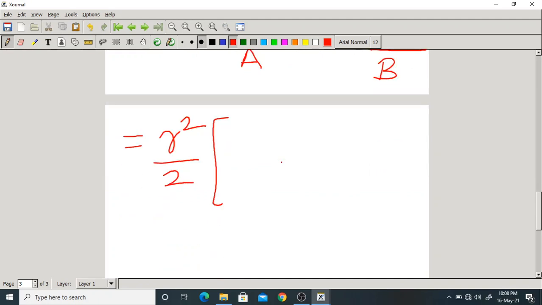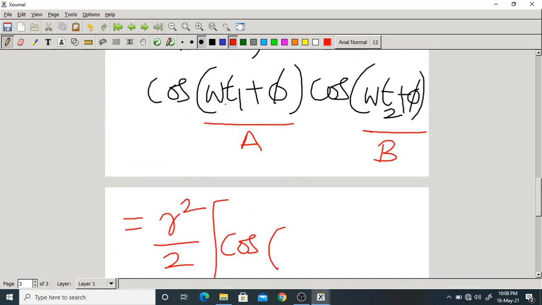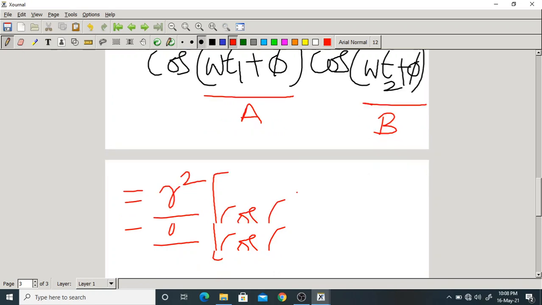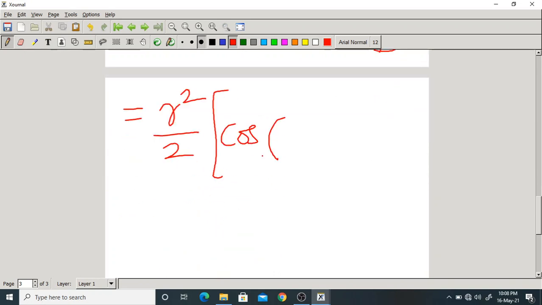So I hope you are okay with this trigonometry. Cos of a plus b, which means a plus b is omega t1 plus omega t2 plus 2 phi. Is it okay? Omega t1 plus omega t2 plus 2 phi, plus cos(a minus b).